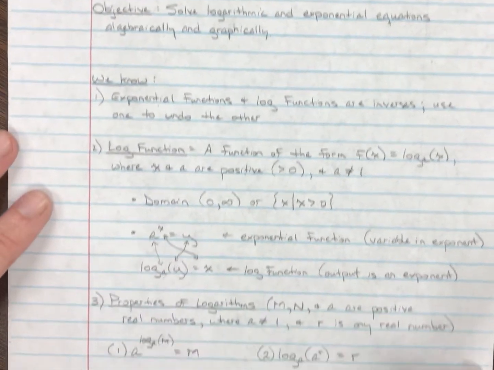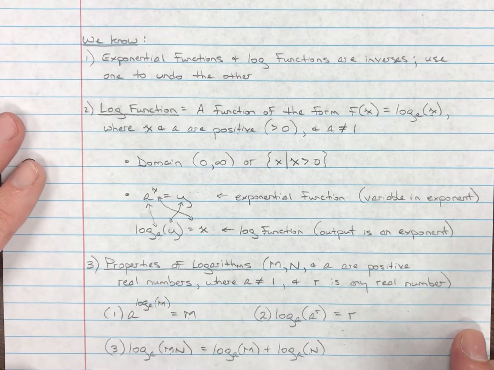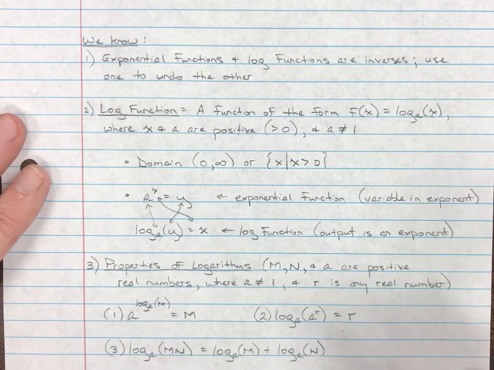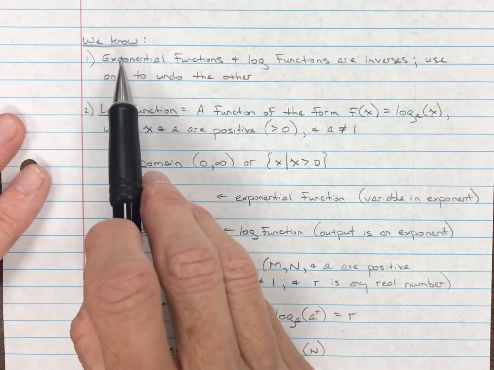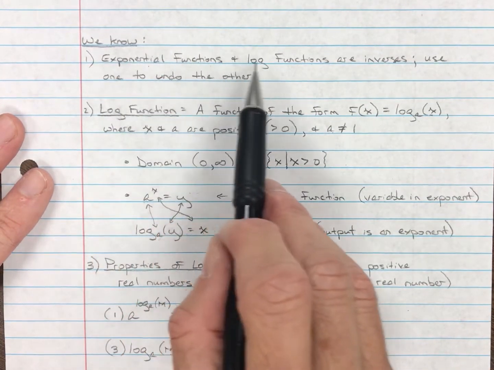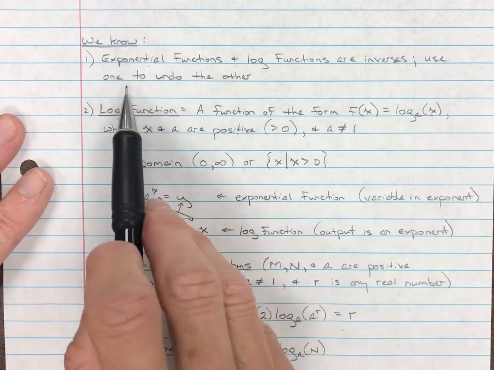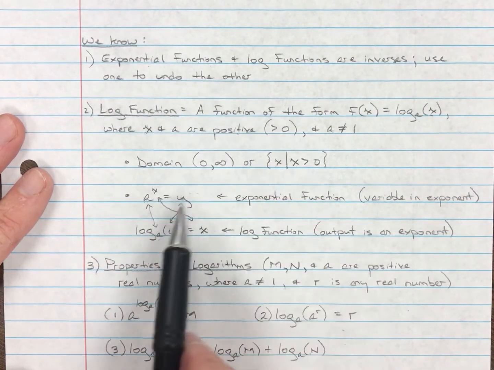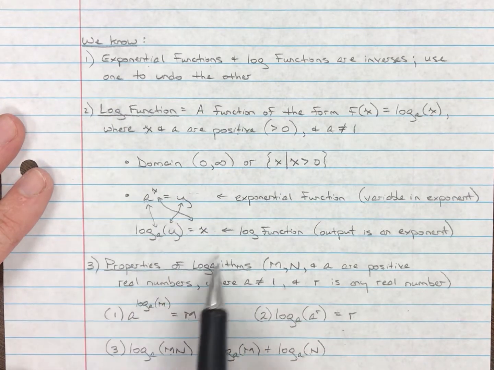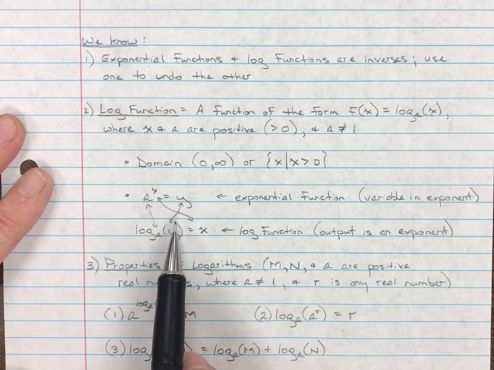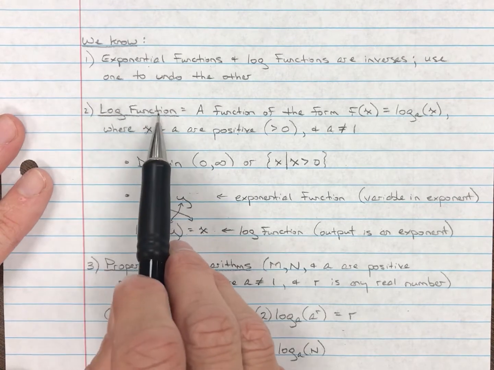Let's remind ourselves what we know that's going to be important here. We know that exponential functions and log functions are inverses. We use one of those to undo the other, which I'll talk about in just a moment. We know what the log function is.